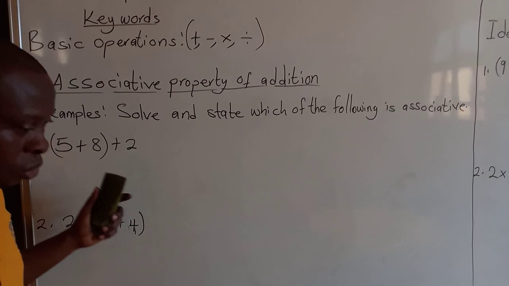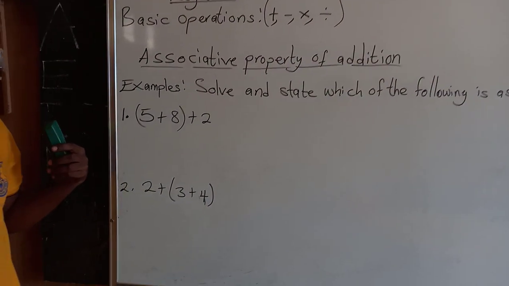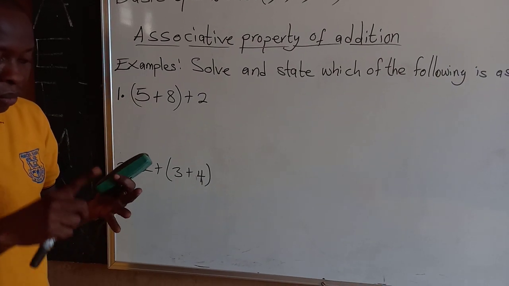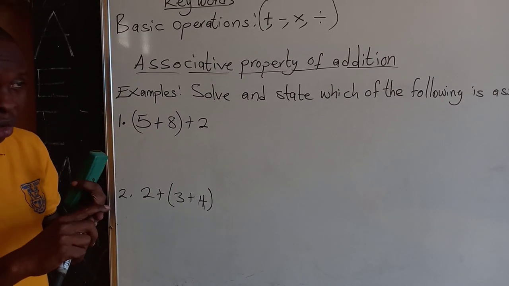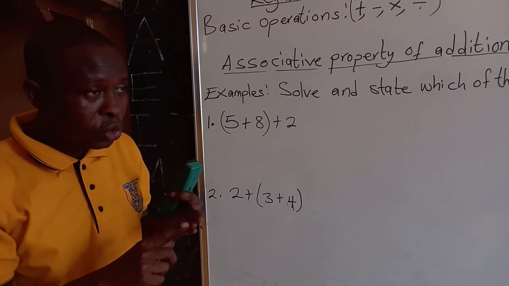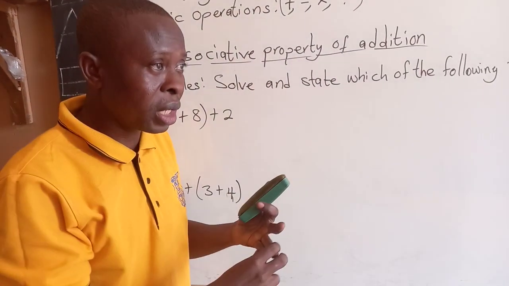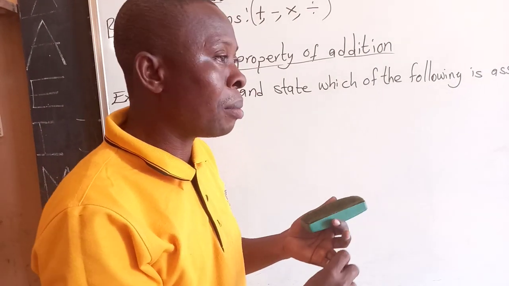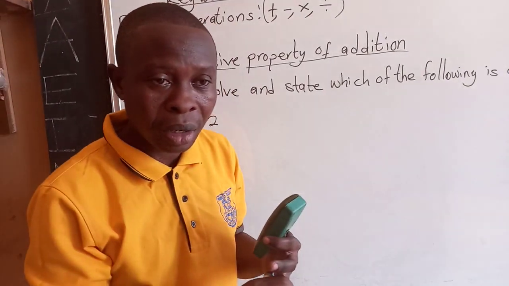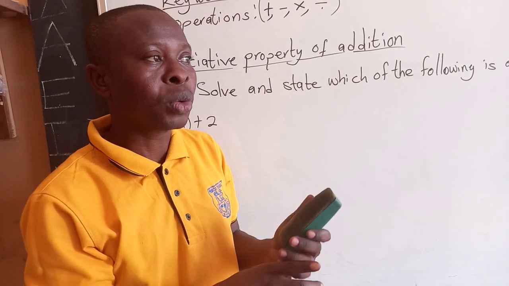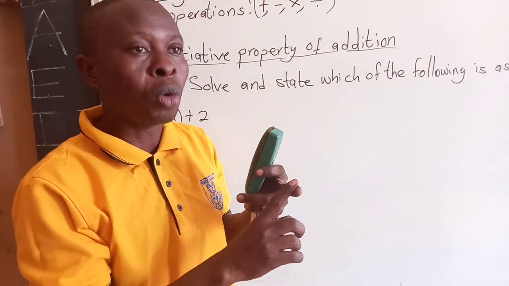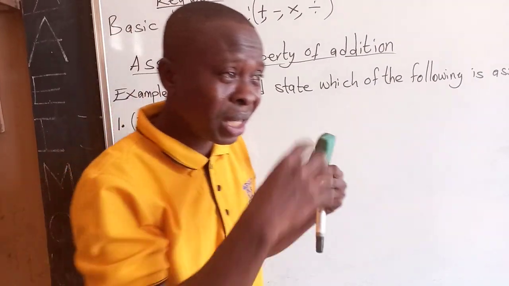Now, associative simply means what? Let's look at this scenario. Say Kofi, Ama, and Kwejo are going to church. Kofi and Ama hold their hands together while Kwejo walks alone, and they go to the church.